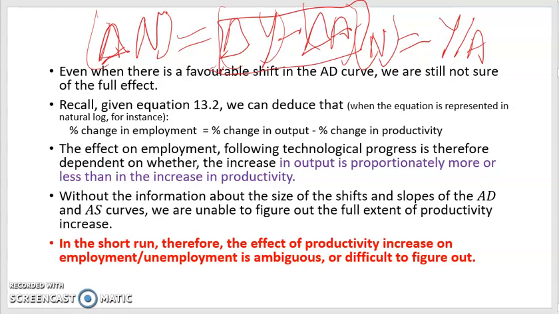Without information about the size of the shift and the slope of the aggregate demand and aggregate supply curves, we are unable to figure out the full extent of the effects of productivity increases. So in the short run, the effect of a productivity increase on employment and unemployment is not clear. This is also confirmed by existing empirical evidence on the subject.